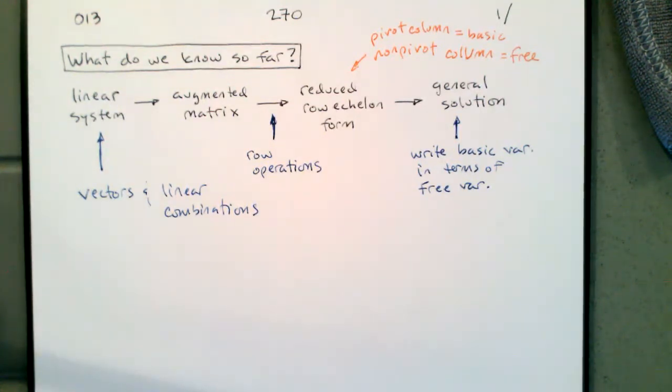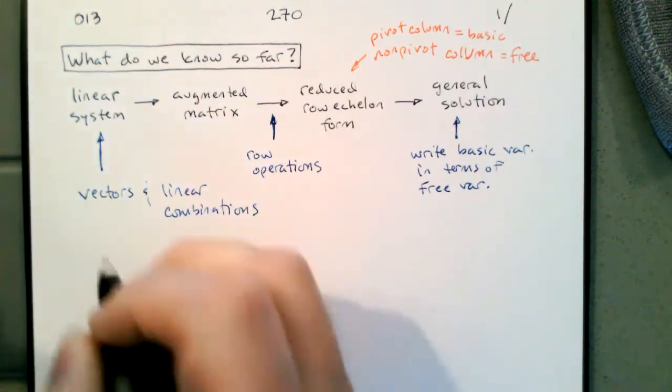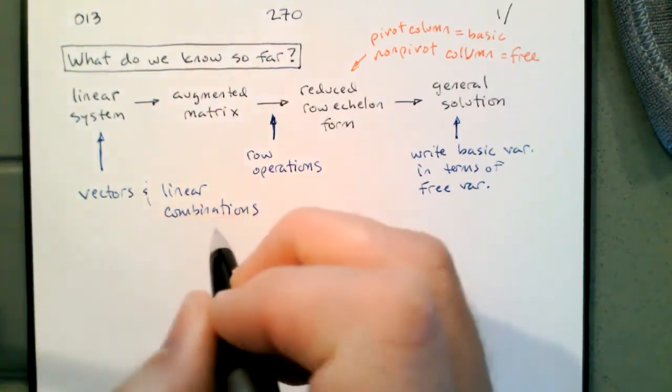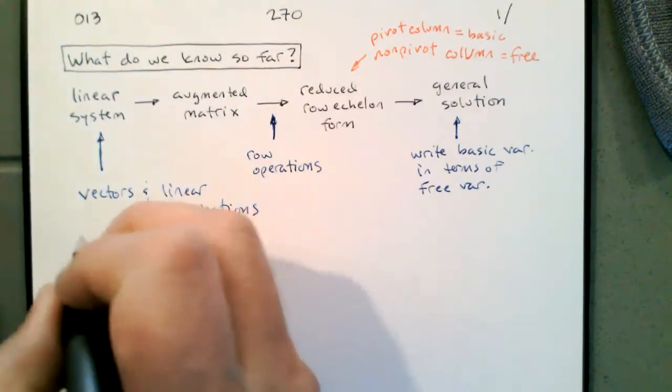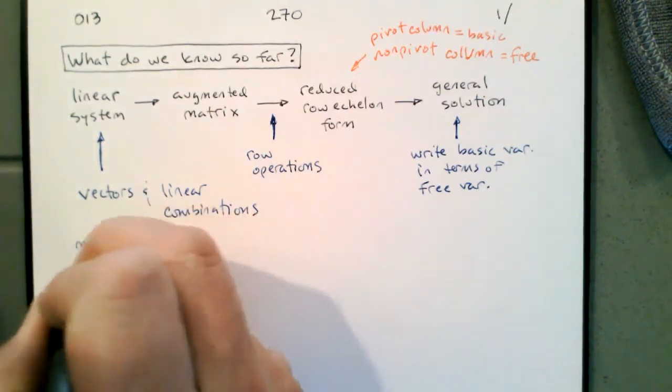So today we want to look at vectors and think about linear combinations. And we also want to think about matrix equations.